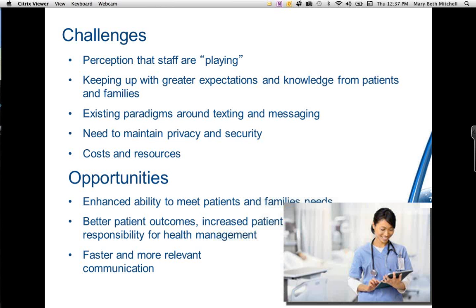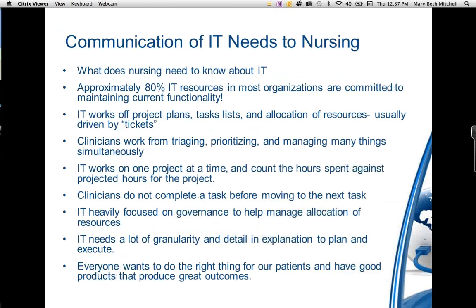So let's talk specifically about IT to nursing. Donna talked a lot about strategies for communicating the nursing needs to IT. But I think it's equally important that we understand that IT also struggles with how they communicate their needs to nursing. So what is it in nursing that we really need to know about IT?